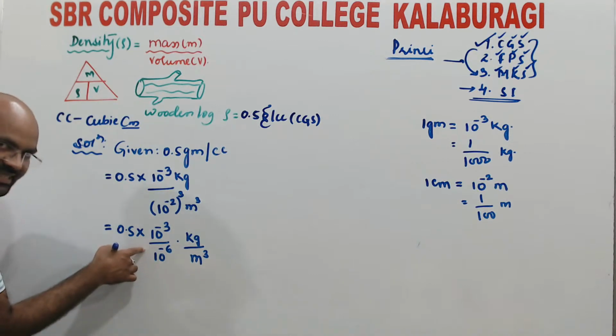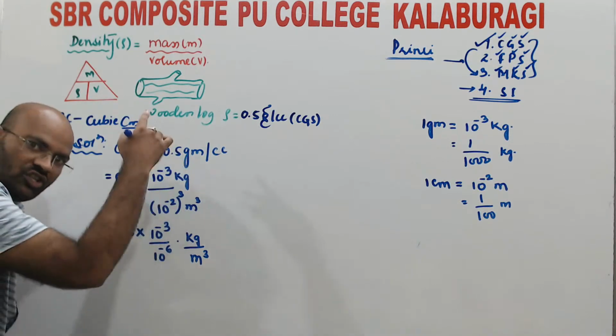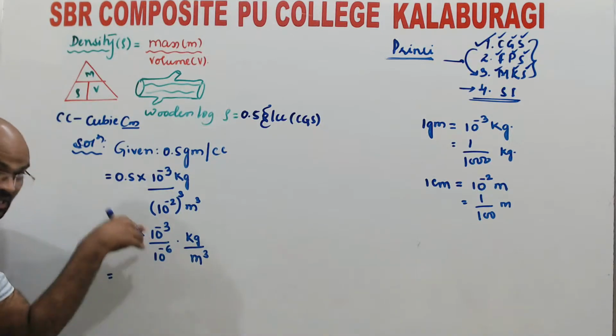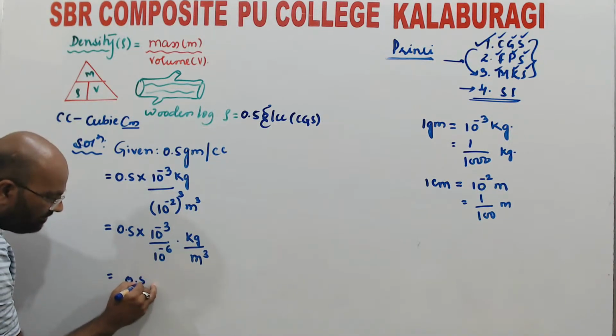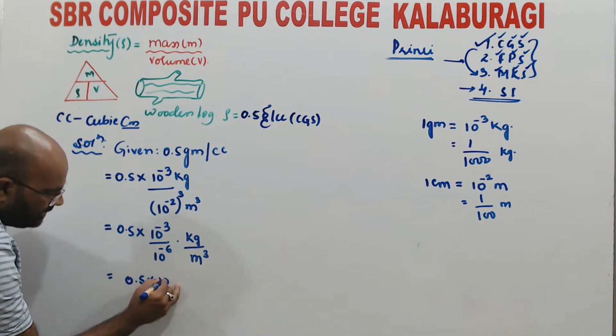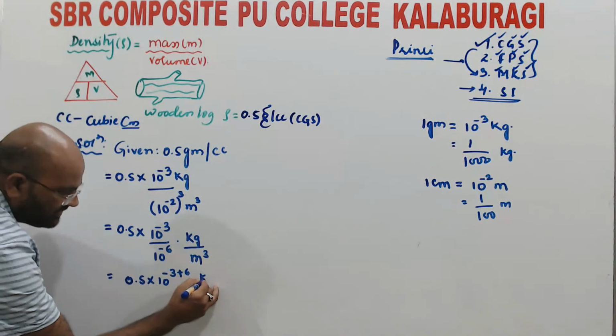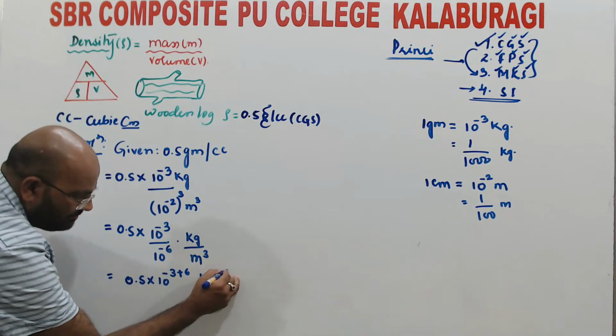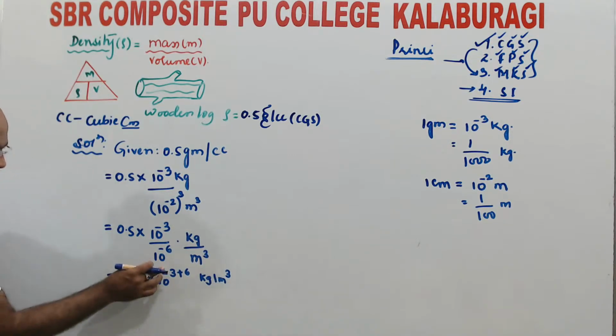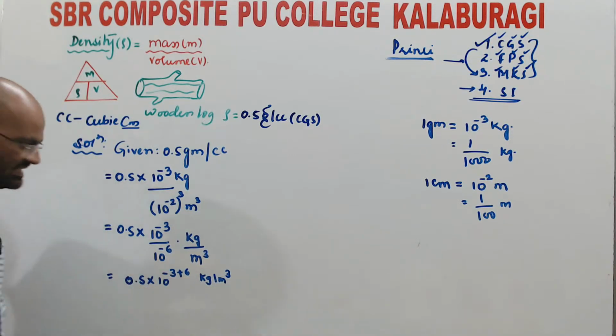Minus 6 in the denominator, if it goes to the numerator, becomes plus 6. So 0.5 into 10 to the power minus 3 plus 6, kg per cubic meter. Minus 3 plus 6 becomes plus 3.